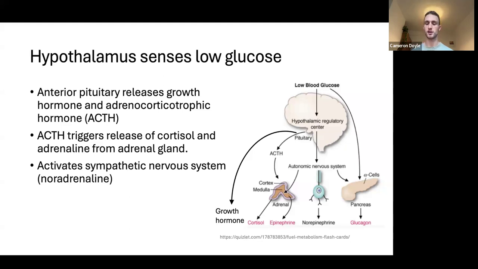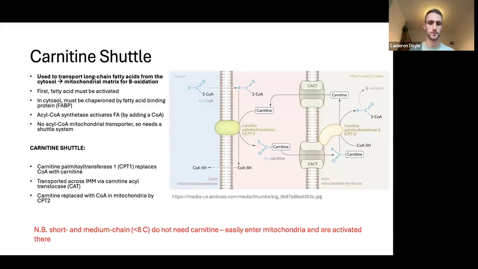And this is essentially going to have all the actions that we've talked about in terms of increasing glycogenolysis, increasing glucagon secretion, increasing blood glucose, increasing hormone-sensitive lipase activity to increase fatty acids in the blood, to basically give as much energy as possible in a low glucose environment.